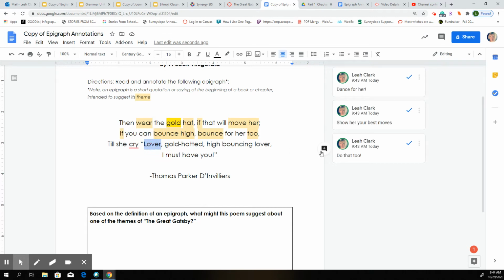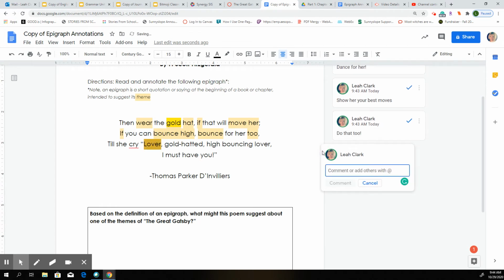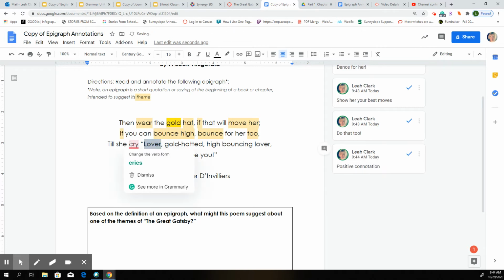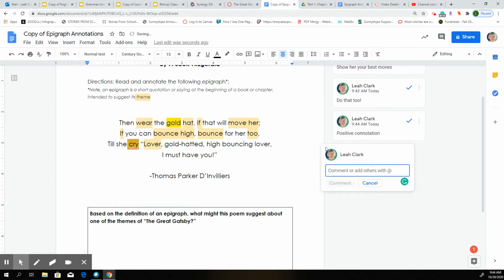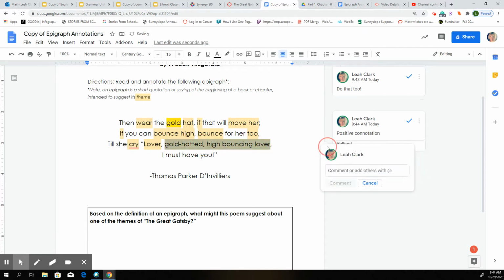So we think about this word "lover," right? This has a very positive connotation, right? Even this word "cry," right? Oftentimes we think of that as a negative connotation, but in this instance, it's like she's yelling, right? Gold-hatted, high-bouncing lover, right?